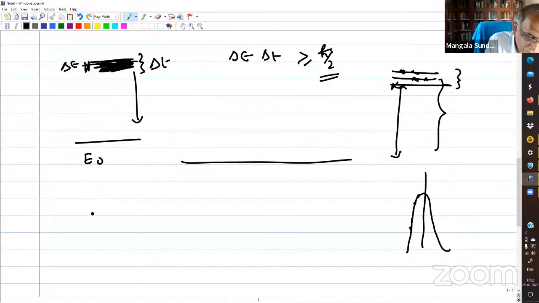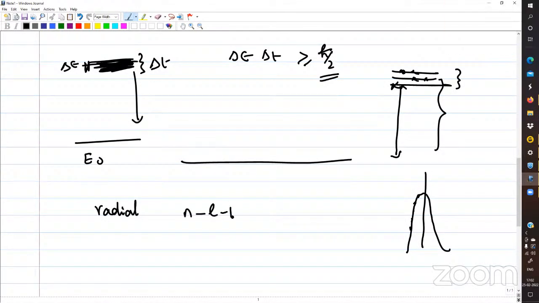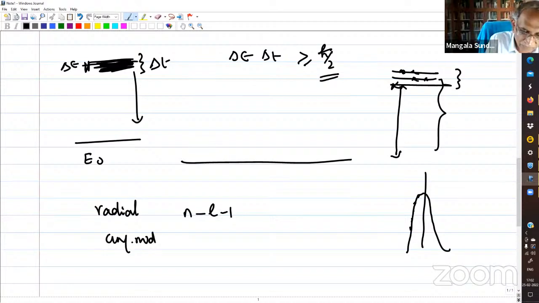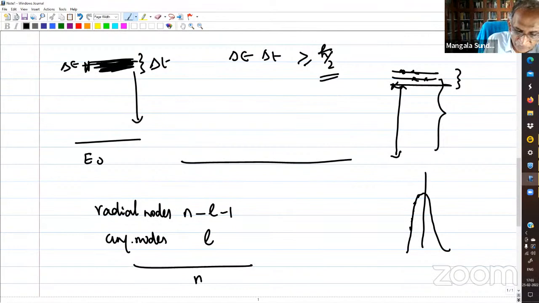But if you look at the angular and the radial nodes, let me share the screen. The radial nodes will be n minus L minus 1, okay? And the angular nodes will be L, so that the total number of nodes for the wave function is n minus 1.